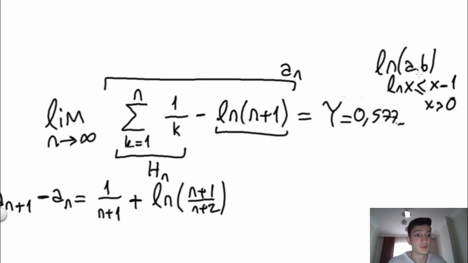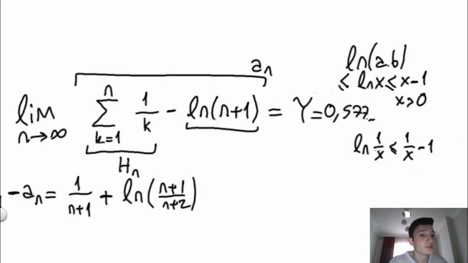Okay, so this is true for any positive x. And so here, well, I don't know about this part because I want to show that this thing is greater than 0. Well, I can just use the property of ln. So instead of x, if I put 1 over x, this is true. It's less than or equal to 1 over x minus 1.